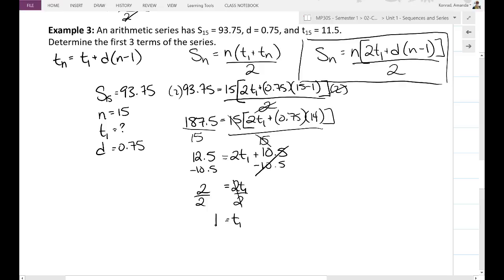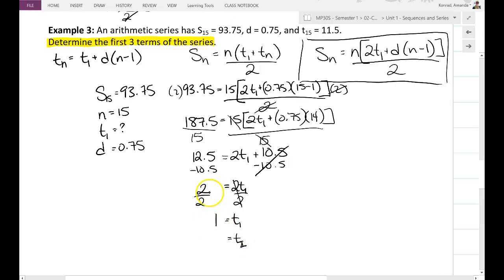Am I done? Go back to the question, and I am looking to determine the first 3 terms. So I'm not done yet. Term 1 is 1. Term 2, how do I figure that out? Well, I add my d value to term 1.